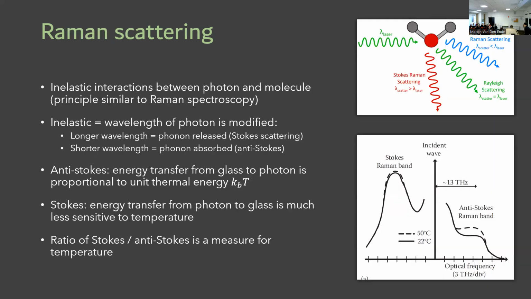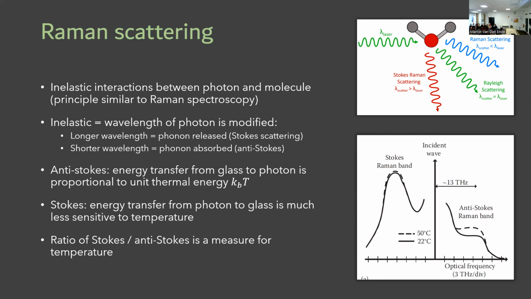But there are these two other types of scattering. The first one is called Raman scattering. This is an inelastic interaction between a photon and the molecule. So here we have some molecule of glass that is vibrating.